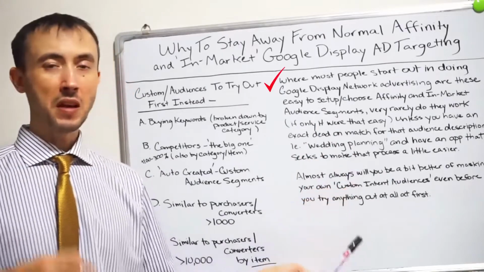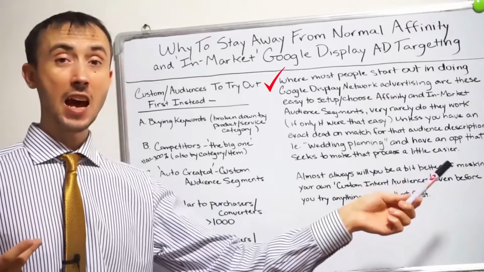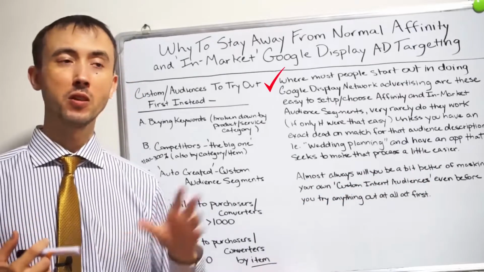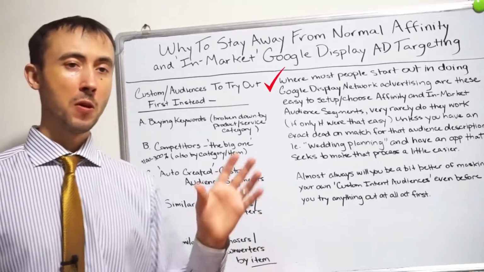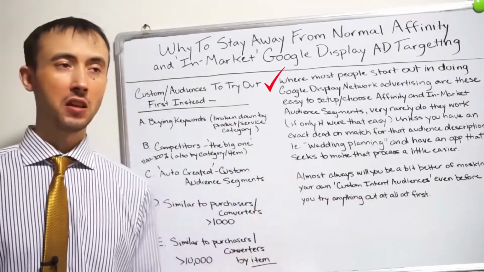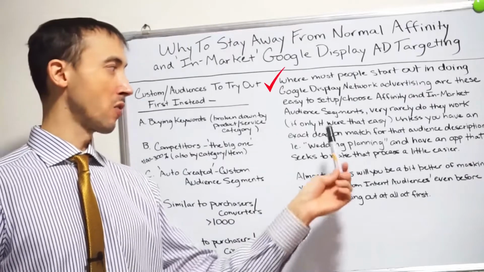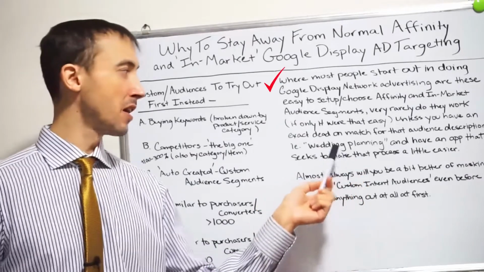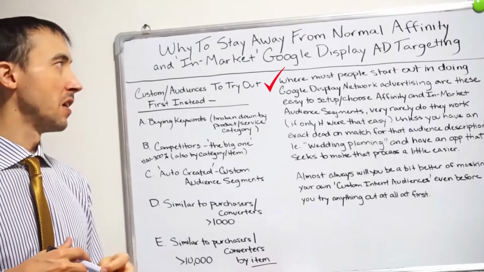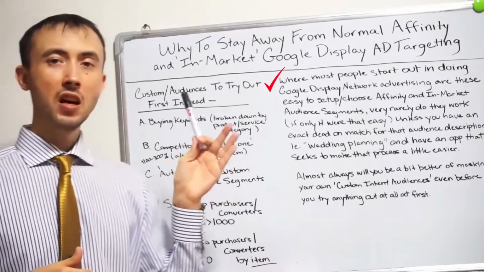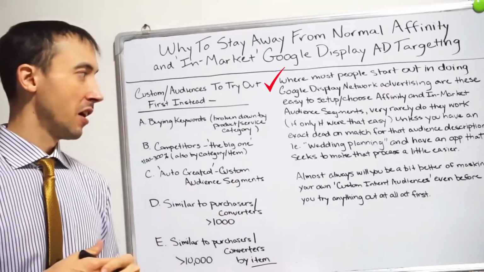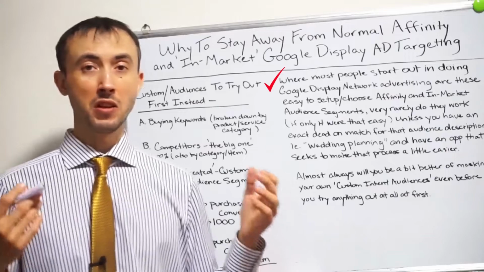In the wedding planning space, though, if I had an app that seeks to make the process of planning a wedding easier versus going to a traditional wedding planner, like a physical planner, like a consultant, then that would be a great situation where I would pick that predefined default in-market display network targeting option that's naturally there in the targeting settings, because I know basically nobody's doing that.